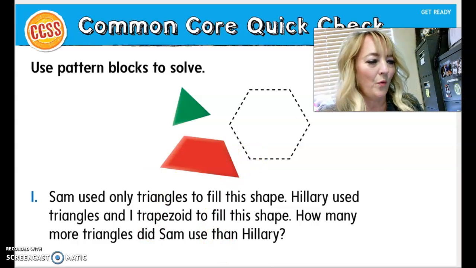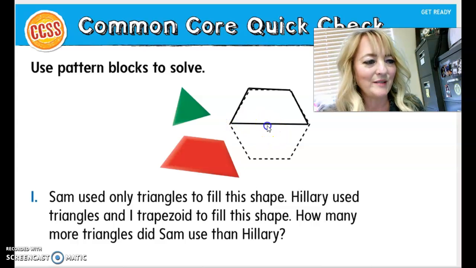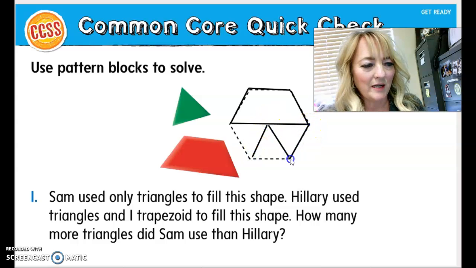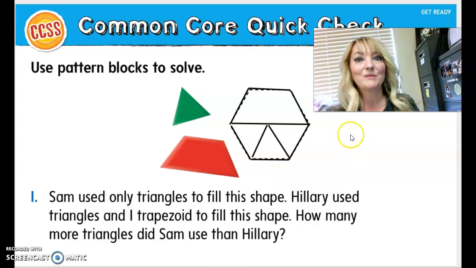Hillary used 1 trapezoid. Our trapezoid shape would be this right here. There's her 1 trapezoid and just triangles. To make a trapezoid it will be 1 triangle, 2 triangles, 3 triangles. So Hillary only used 3 triangles and 1 trapezoid, and Sam used 6.